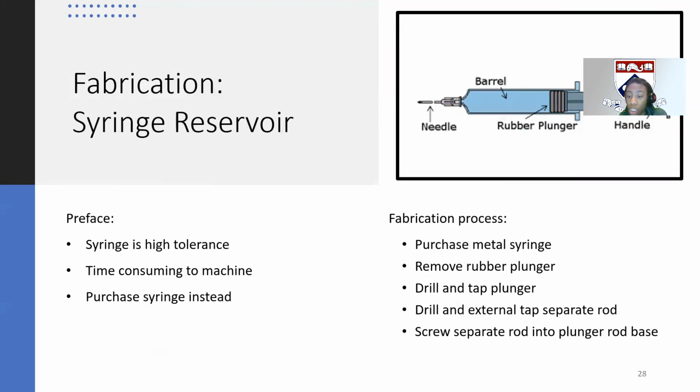So what we would do is purchase the metal syringe, remove the rubber plunger, drill and tap through the plunger, and drill and tap externally a separate rod that would allow us to have an input into the syringe reservoir. Then we can screw this separate rod back into the plunger so that when we are actually conducting an experiment, there is no contamination from external microplastics into our sample.